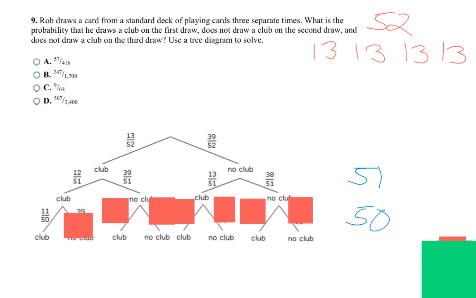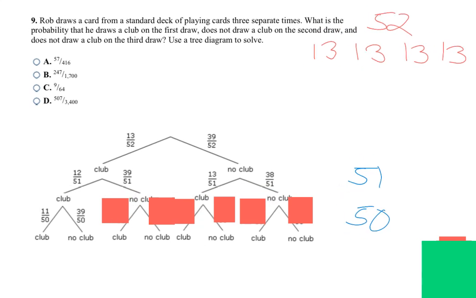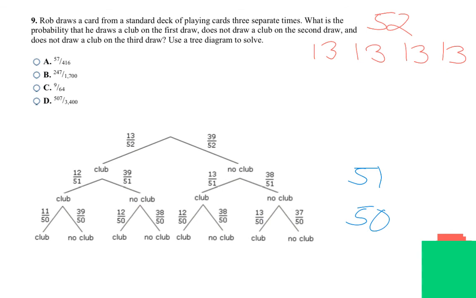So I have a probability of picking 39 out of 50 on this part here. And so you're going to go through and figure out that third probability for all branches here, and you're going to write them. And when you get done with that, it's going to look like this.